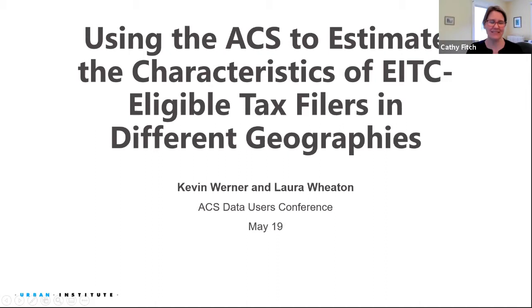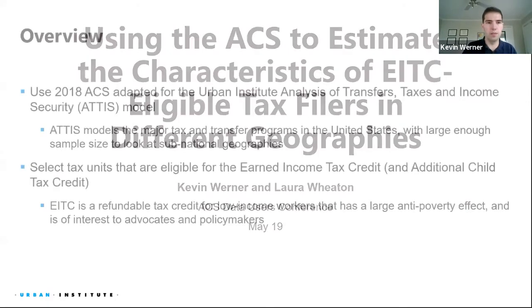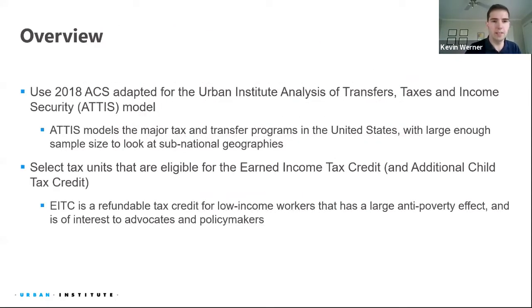So I'm going to be talking about how we use the ACS to estimate the characteristics of earned income tax credit eligible tax filers in different geographic areas. So we use the 2018 ACS as it has been adopted for the Urban Institute's model that we call ATIS.